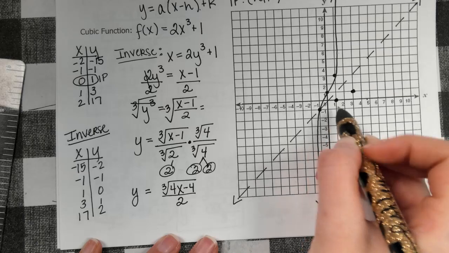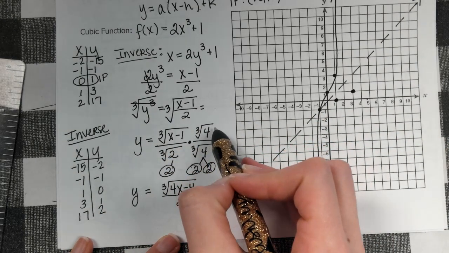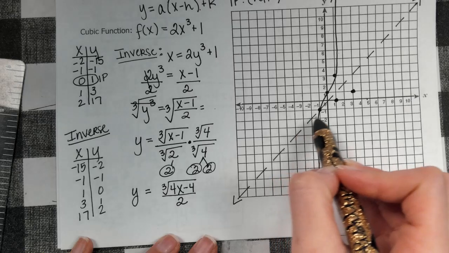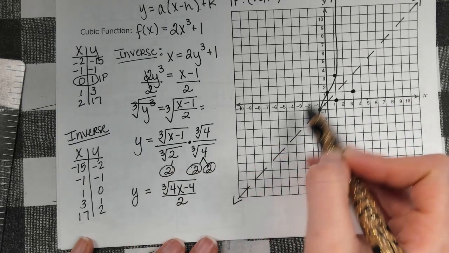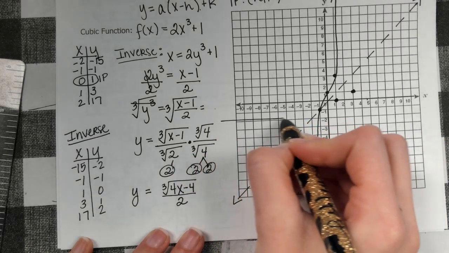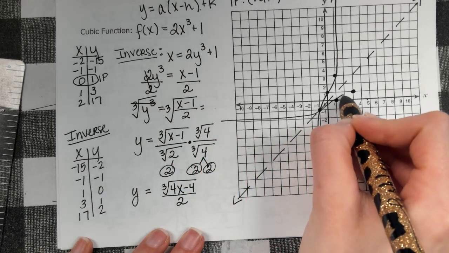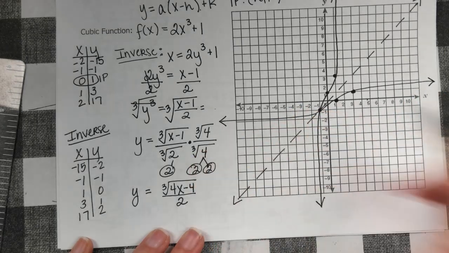But recognize that -15 is all the way over here, -2 is right here. So it is sideways. Okay, because it is a cube root function. But y'all have already done cube root functions.